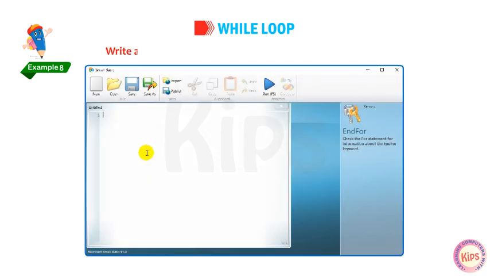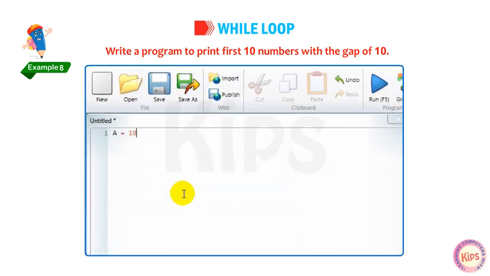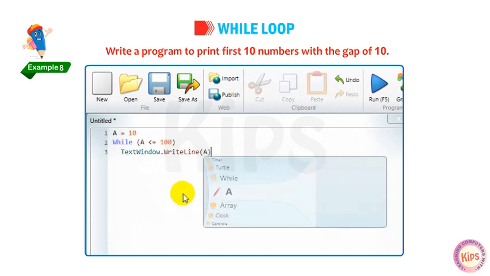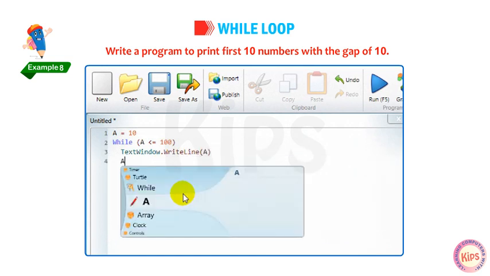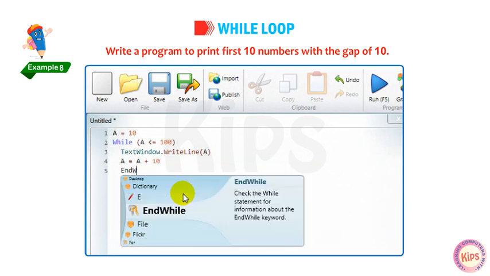Example. Write a program to print first 10 numbers with a gap of 10. A = 10, While (A <= 100), TextWindow.WriteLine(A), A = A + 10, EndWhile.